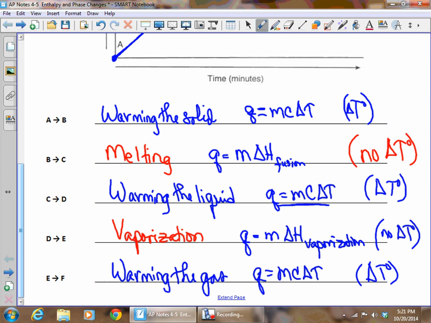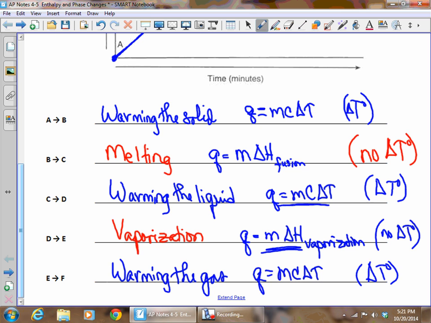Well, then we're going to need Q equals MCΔT, and then our Q equals MΔH, our heat of vaporization equation, so we can also calculate how much heat is involved in that vaporization process. We might be taking it from the solid state to the liquid state and just barely vaporizing it. That's going to involve another set of the different stages in that heating curve.